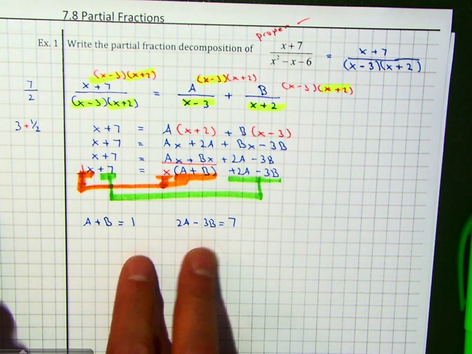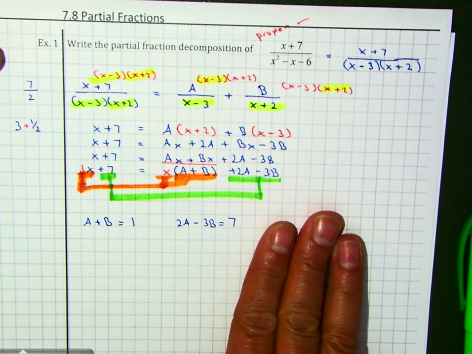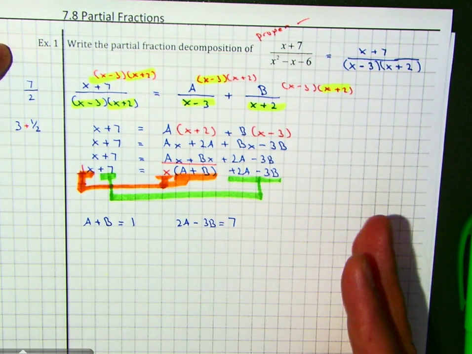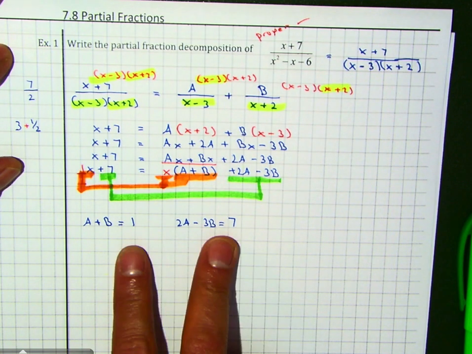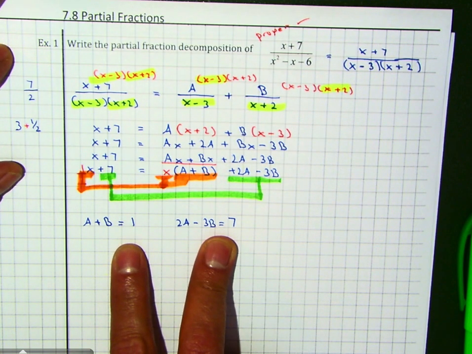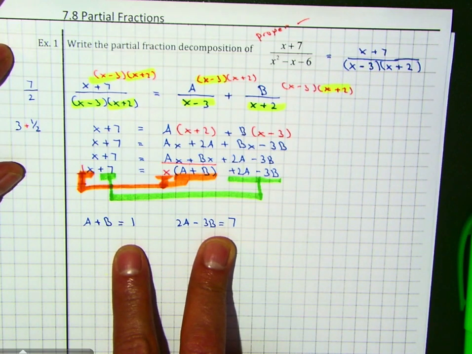If you have three unknowns, you need three equations. If you have four unknowns, you need four equations and so on. So therefore, I have to make a decision. Do you guys want to solve it by combination, substitution? We can graph it.